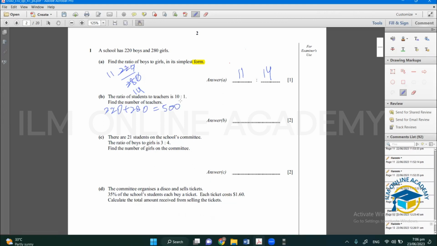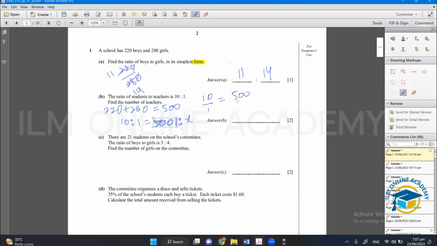The ratio of students to teachers is 10 ratio 1, so 500 ratio x. So 10 over 1 equals 500 over x, and x equals 500 over 10, and the answer is 50. So the number of teachers in the school is 50.